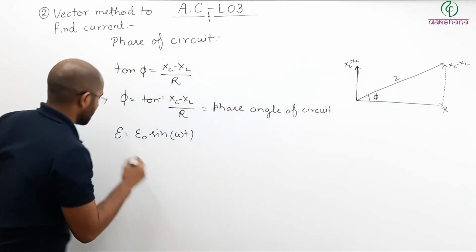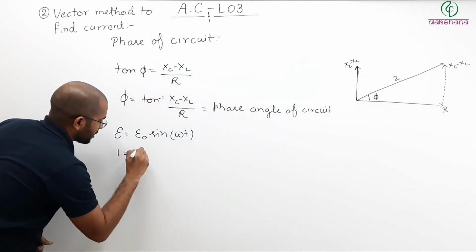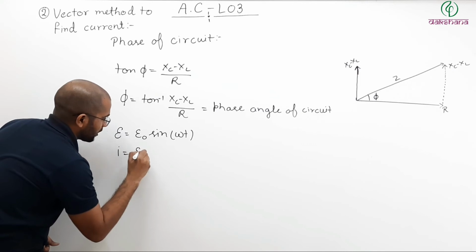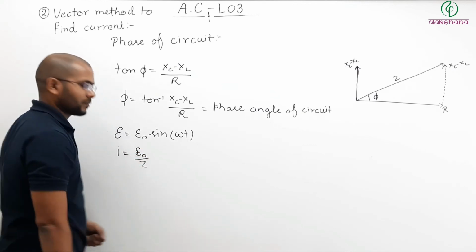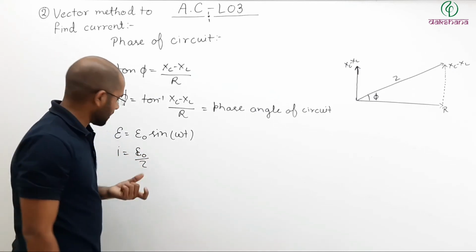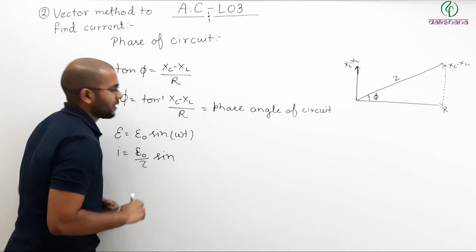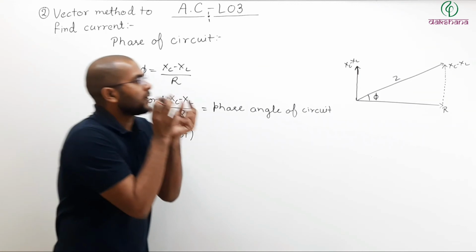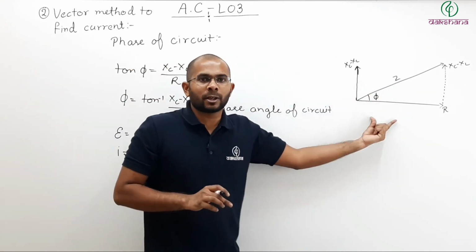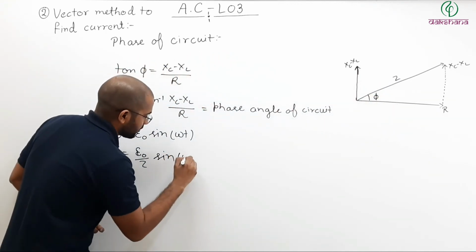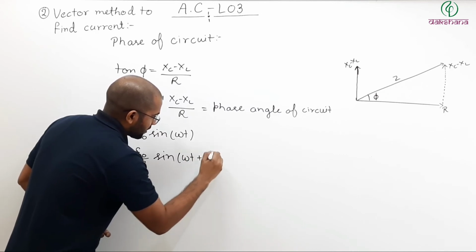So what will you say? I will be nothing but I naught, or let us say E naught by Z, because Z is the effective resistance. So I will be nothing but E naught by Z times sine of, and current will have phi phase angle more than your EMF, so sine of omega t plus phi.